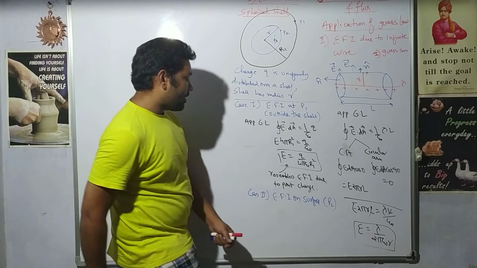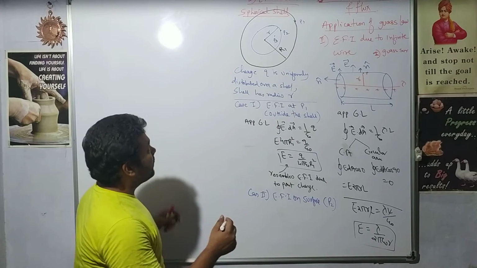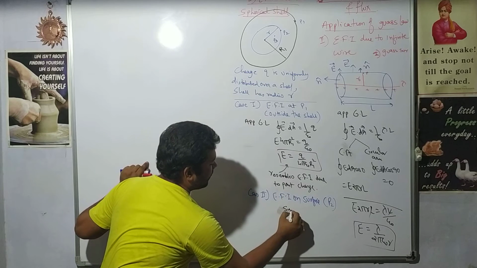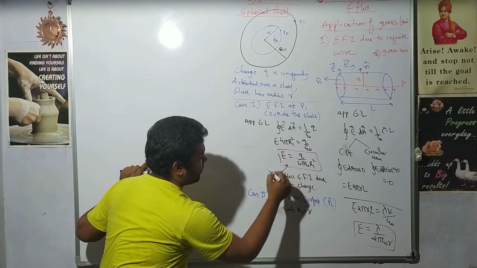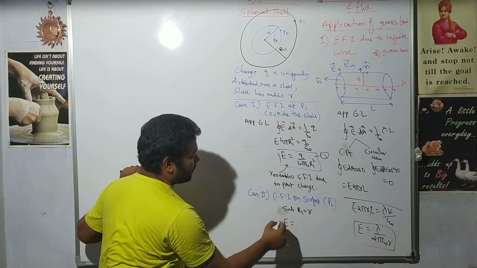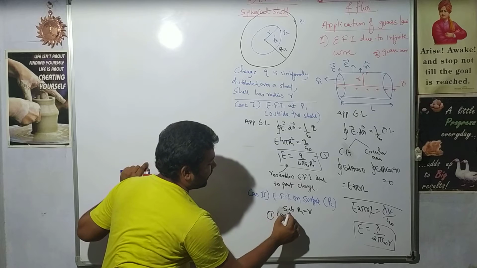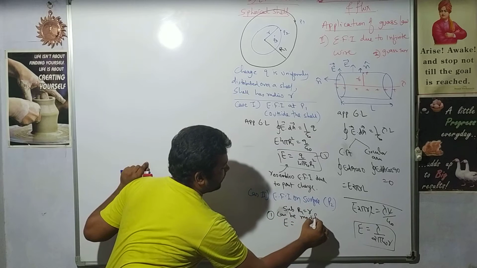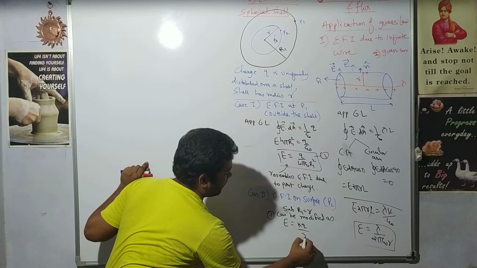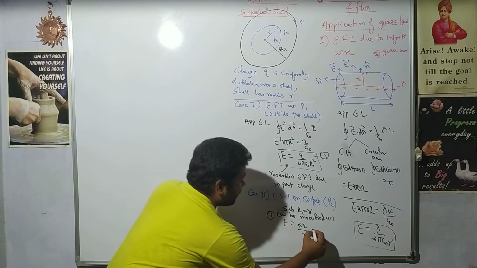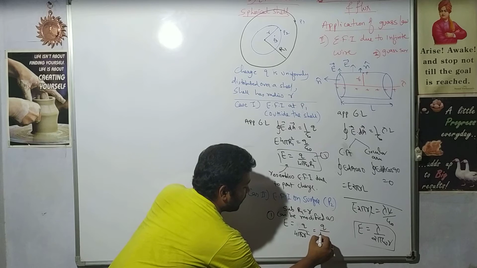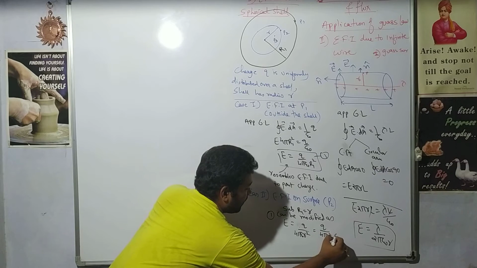Now if you simplify this, substituting R1 equal to R, this equation gets modified as E will be Q by 4 pi epsilon naught R square, right? If you further simplify, it will be Q upon 4 pi R square, upon epsilon naught, right?